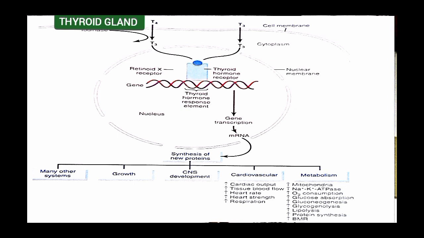Thyroid hormones increase cellular metabolic activity. These hormones increase the metabolic activities of almost all the tissues in the body. The basal metabolic rate can increase to 60 to 100% above normal when large quantities of the hormones are secreted.